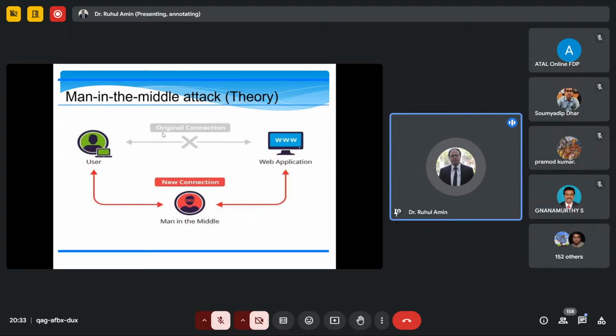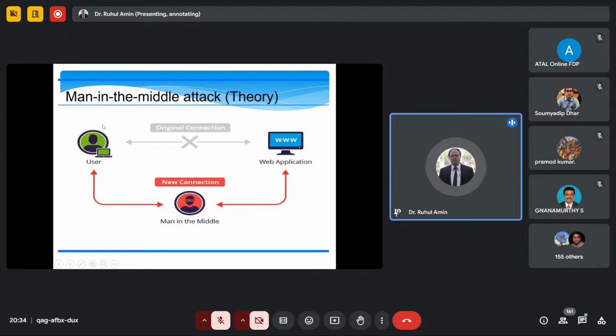In the man in the middle attack, the user and the web application have an original connection. They are communicating with each other, sending confidential information, doing transactions. But what is the man in the middle attack?